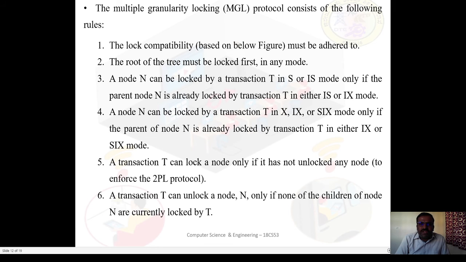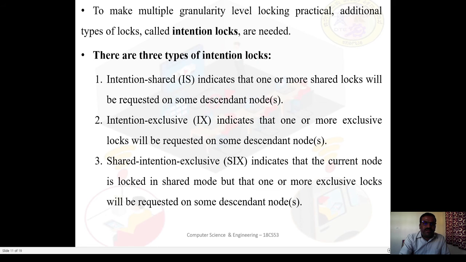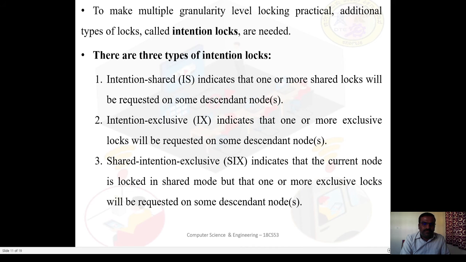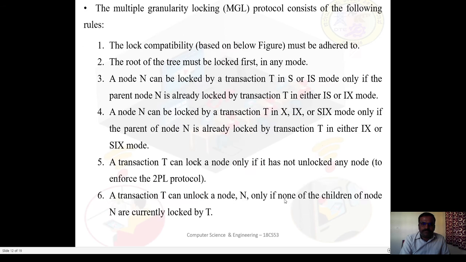The second rule: the root of the tree must be locked first in any mode. Any mode means there are three modes, right? These are read, write, or intention shared, intention exclusive, shared intention exclusive. The root of the tree must be locked first in any mode.